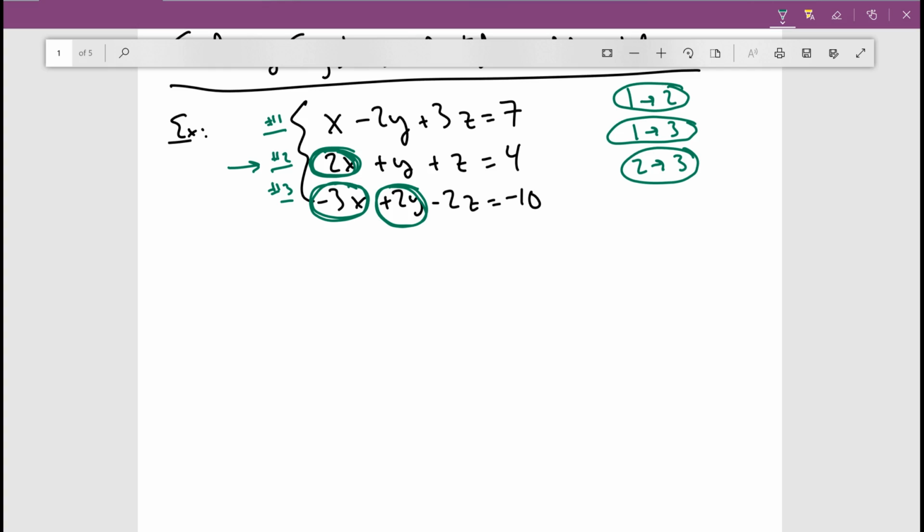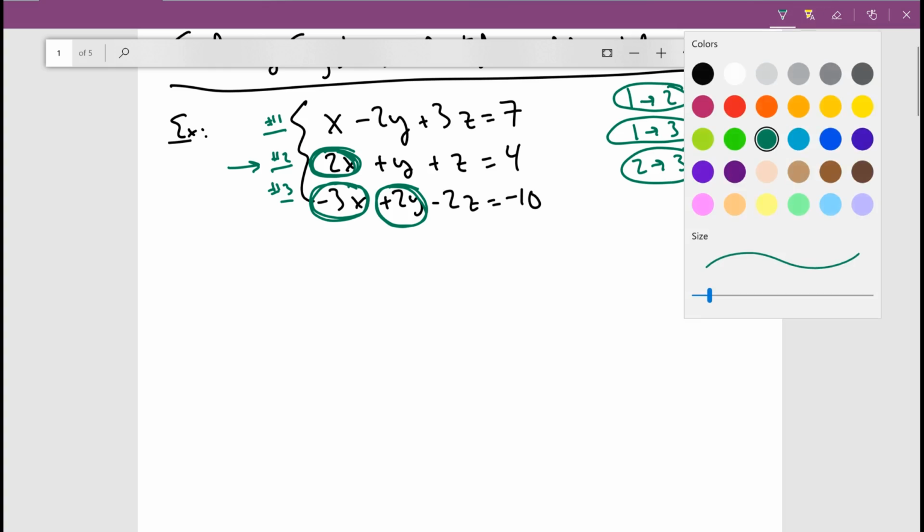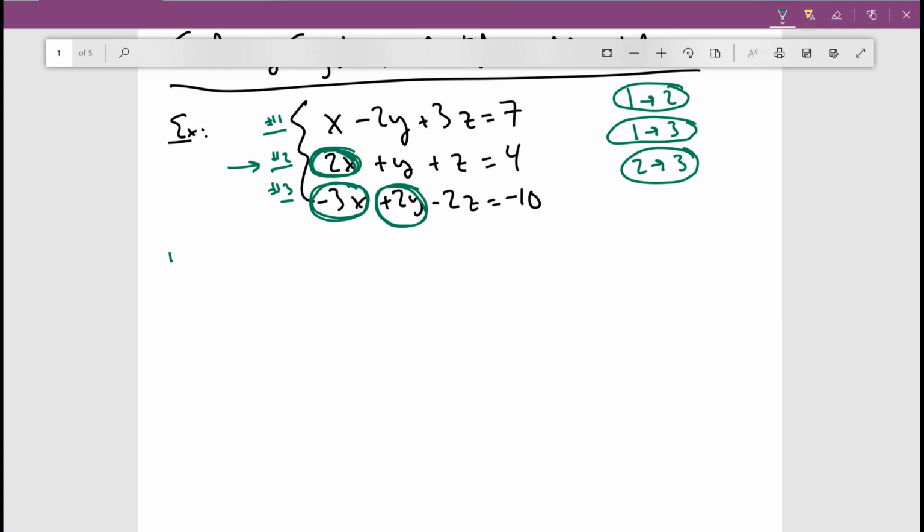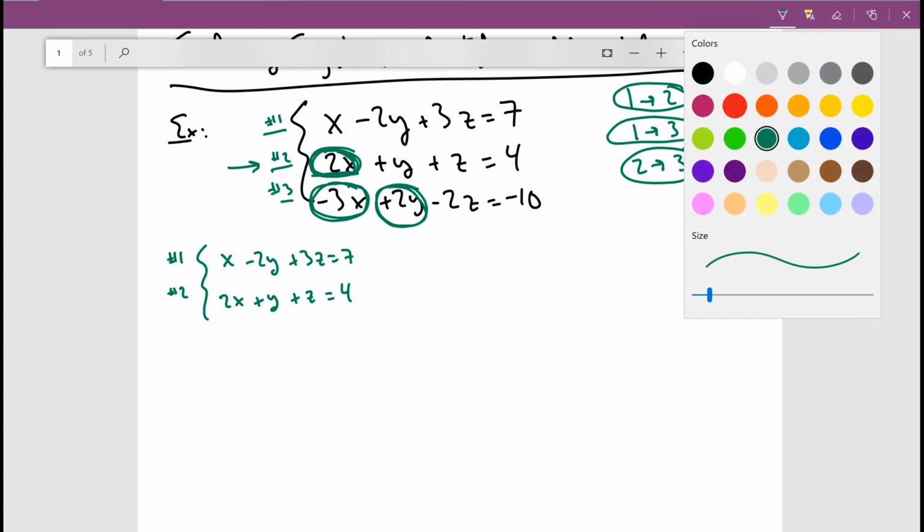First, we're going to start with equation number 1 and equation number 2. I'm going to work with these two: x minus 2y plus 3z is equal to 7, and then 2x plus y plus z is equal to 4. Now the whole purpose is to eliminate the x's. So what can I do?